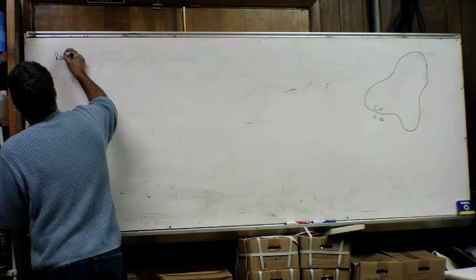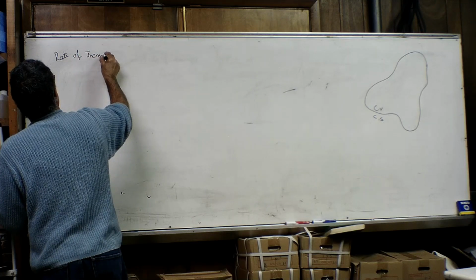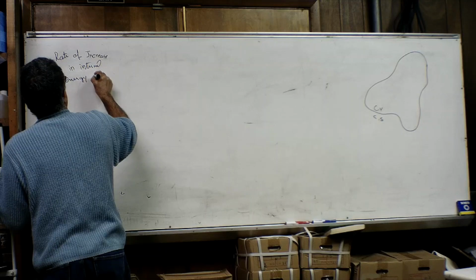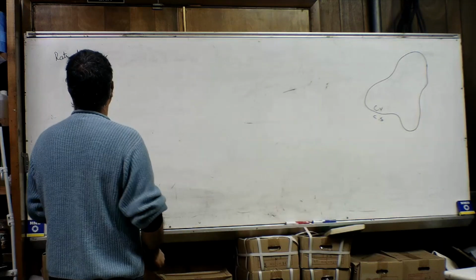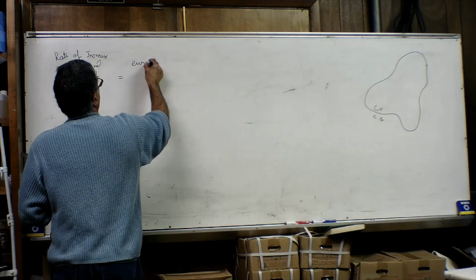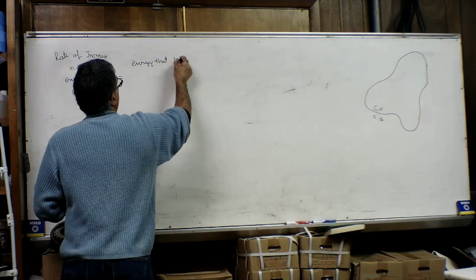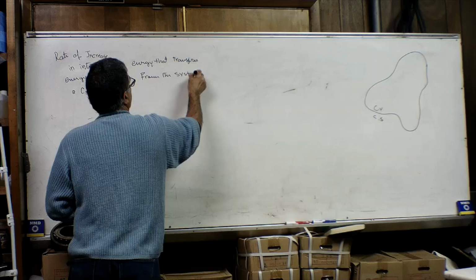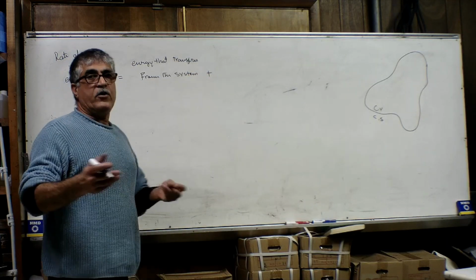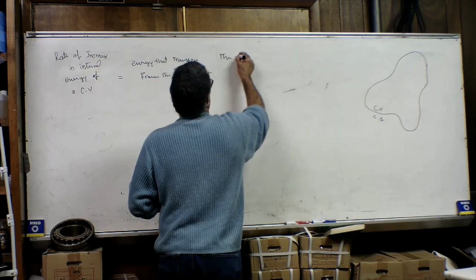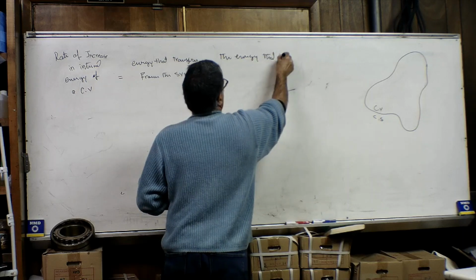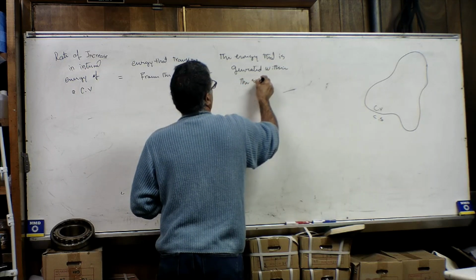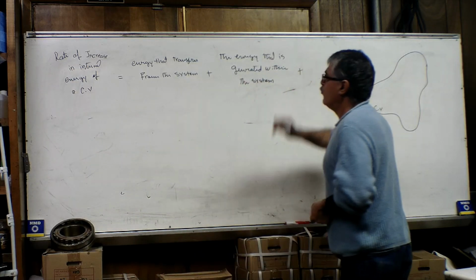So the rate of increase in internal energy of the control volume of the system is equal to the energy that transfers from the system plus the energy that is generated within the system plus the work done on the system.